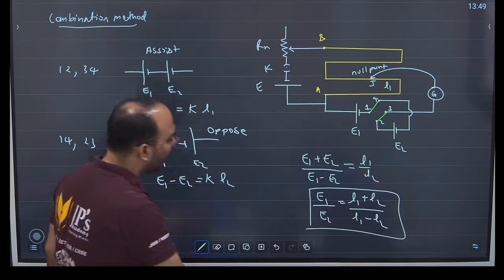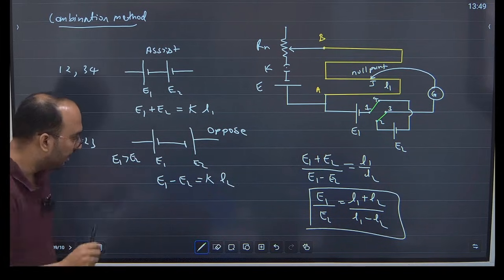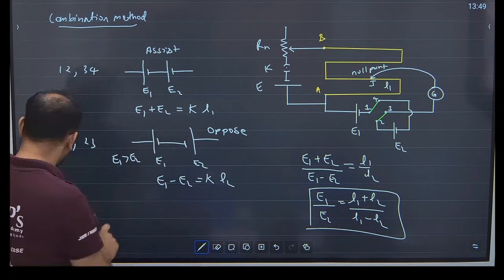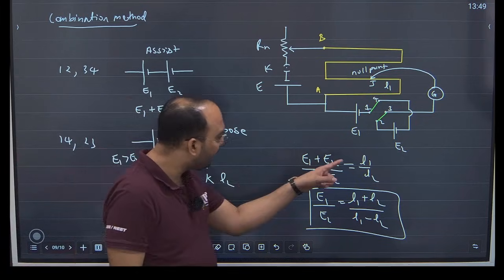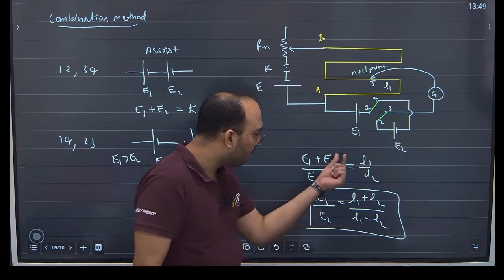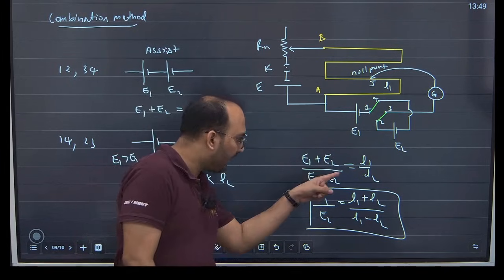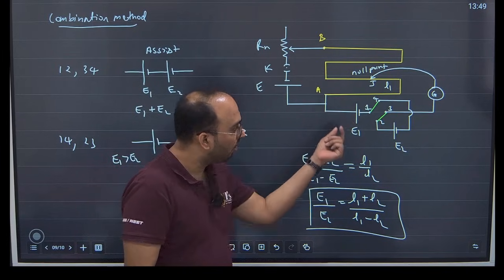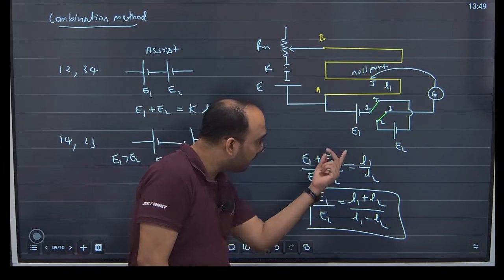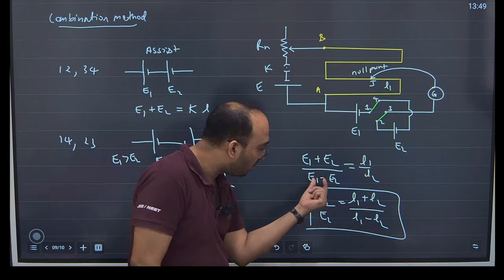Okay, the only thing you should remember as a student is the difference between the combination method and the direct method. Here L1 is the balancing length obtained for the assisting connection, where both E1 and E2 are connected, and L2 is the balancing length or null point obtained when the connection is opposing. Both are connected but opposing, assisting.